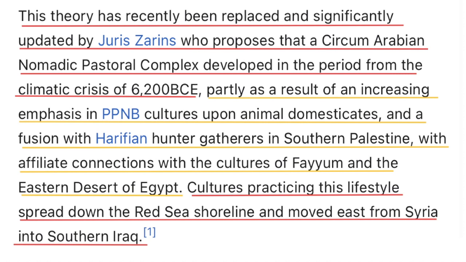Cultures practicing this lifestyle spread down the Red Sea shoreline and moved east from Syria into southern Iraq.